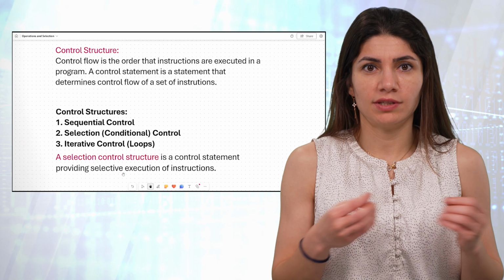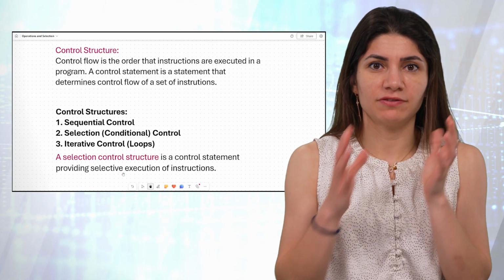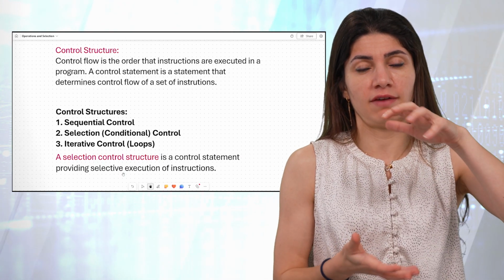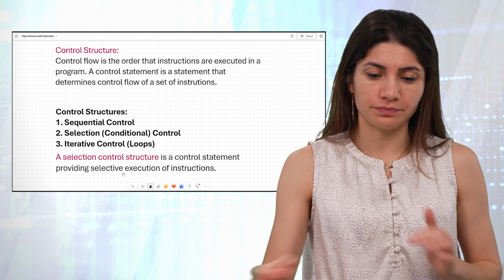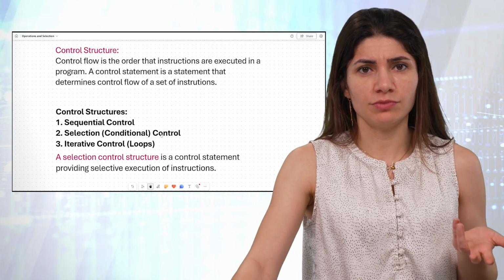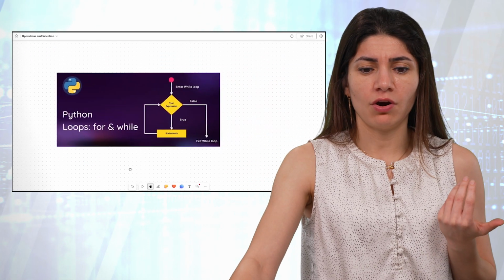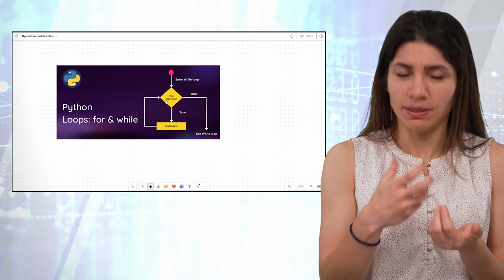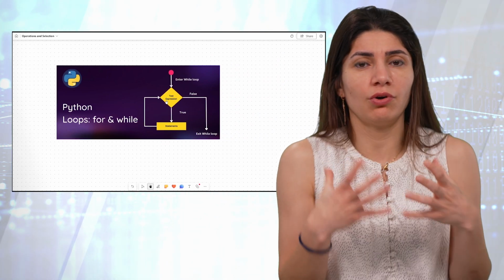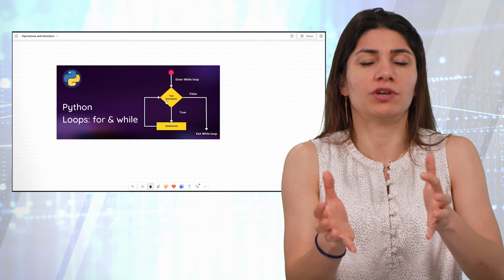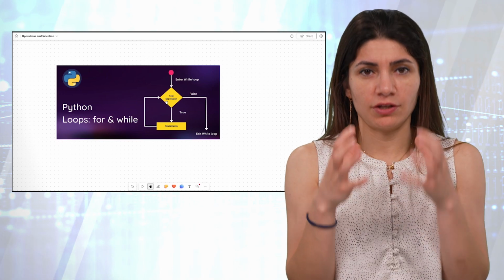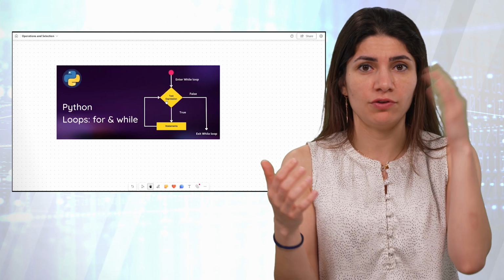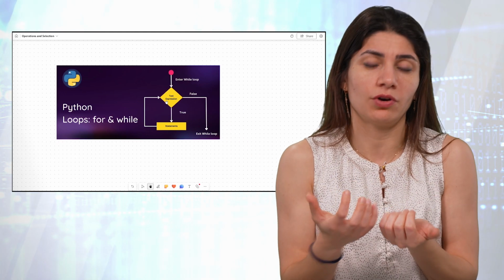With all of these selection controls, what we are doing is controlling how we execute the part of code that we have in our program. When it comes to iterative control, we are going to get into a statement very similar to conditionals. You are going to have a condition, and based on that expression and that test condition, you're going to decide if you want to do something or not.